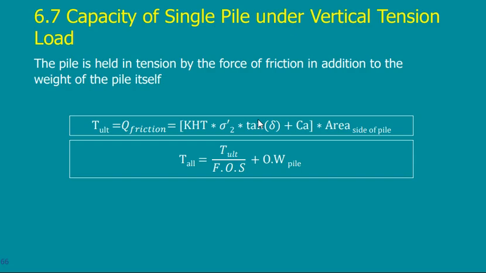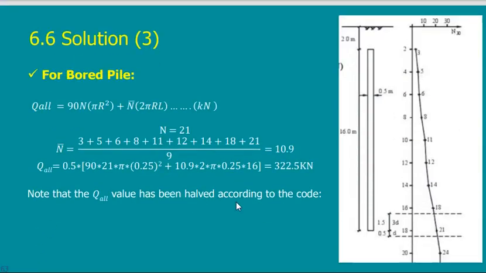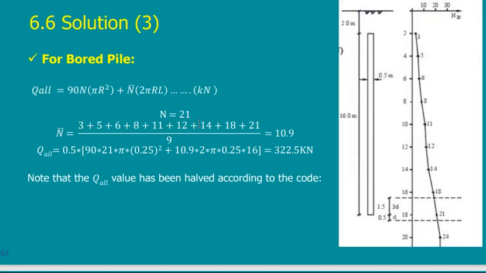The criteria is that I take the friction load only. If I use this method, where is the part for the friction? This is the part for the friction, the part that is multiplied by n bar. So if I tell you use this equation for tension pile, you will only take this part.